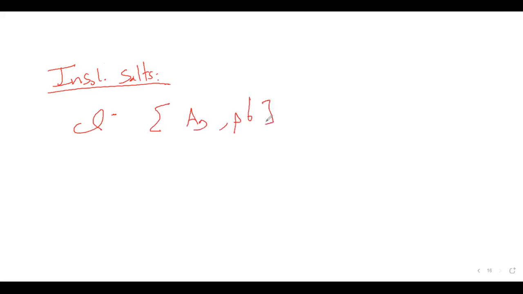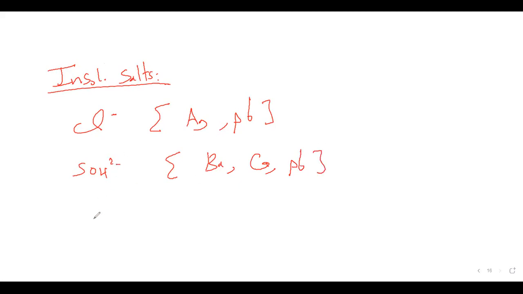After that, we must know the insoluble salts. Insoluble salts for chloride: silver and lead. Silver chloride and lead chloride. All chlorides are soluble except silver and lead. In case of sulfate, all sulfates are soluble except barium, calcium, and lead.